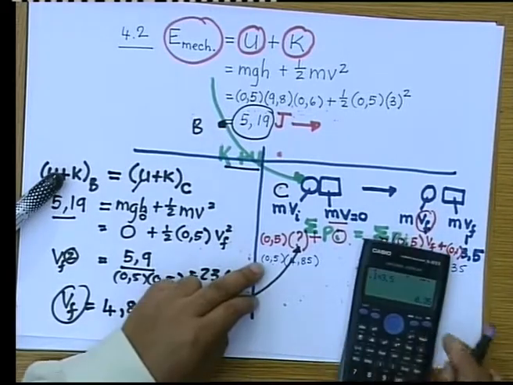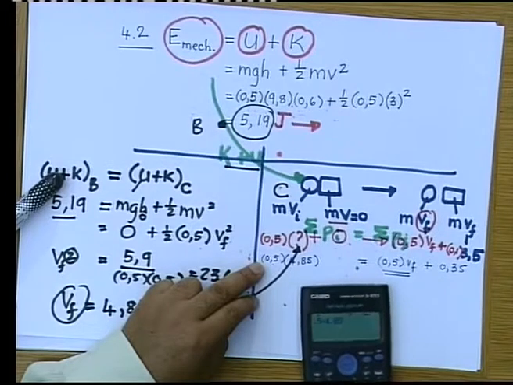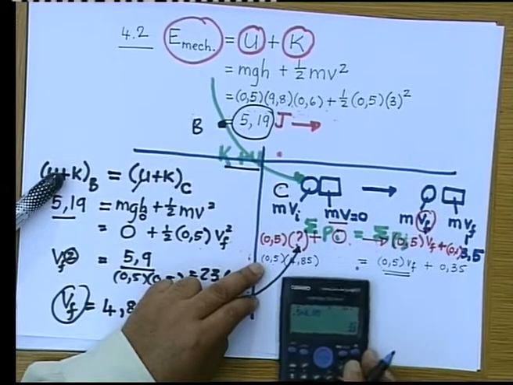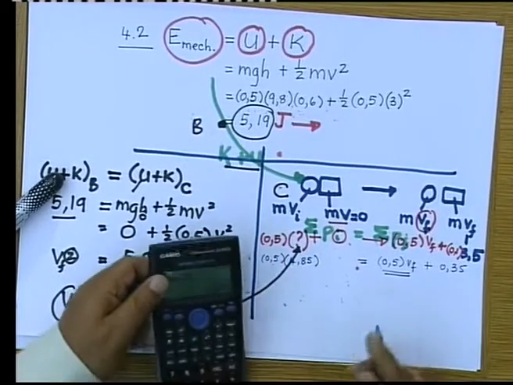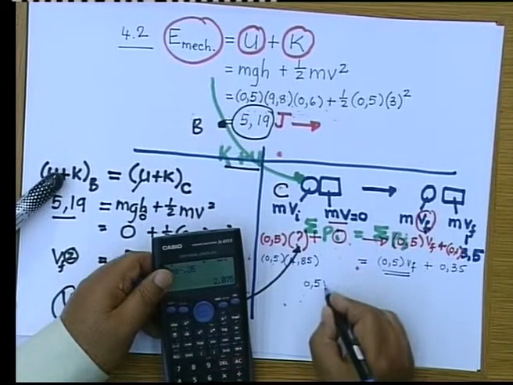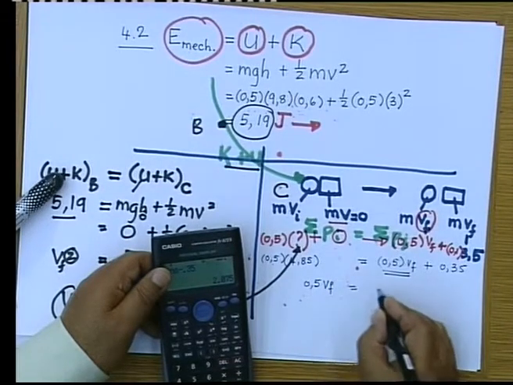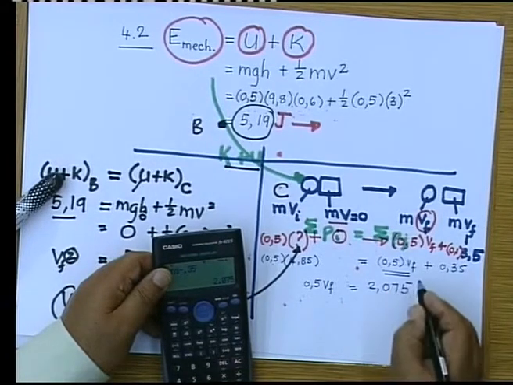Now let me do this one quickly. 0.5 times 4.85. Okay, and that is equal to, and then I subtract that one because I'm taking it across, minus 0.35, and this is what I get. 0,5 Vf is equal to 2,075.